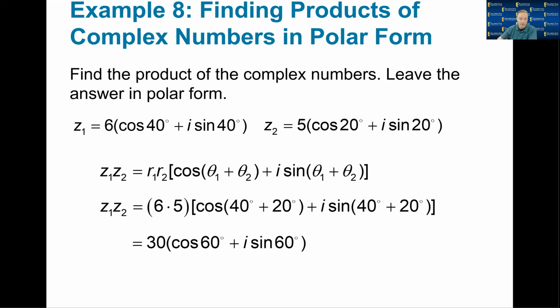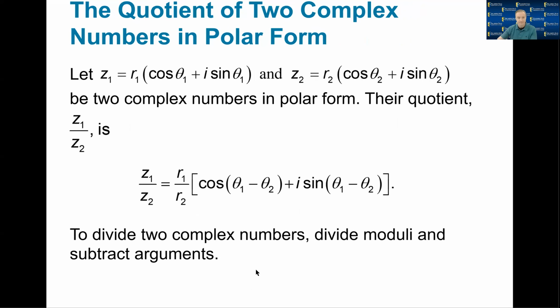Your real number component would be 15, and then you'd say plus 30 times the sine of 60 times i. 30 times the sine of 60, that'd be 30 times the square root of 3 over 2. You would have 15 plus 15 root 3 times i, if you put this back in rectangular form. But in this case, it said leave the answer in polar form, so what I have is good. I was just doing a hypothetical there if I wanted it in rectangular form.